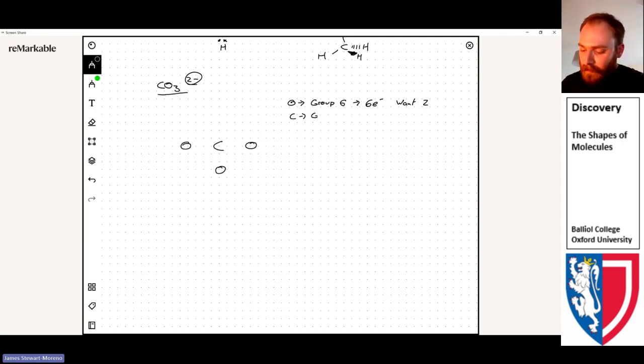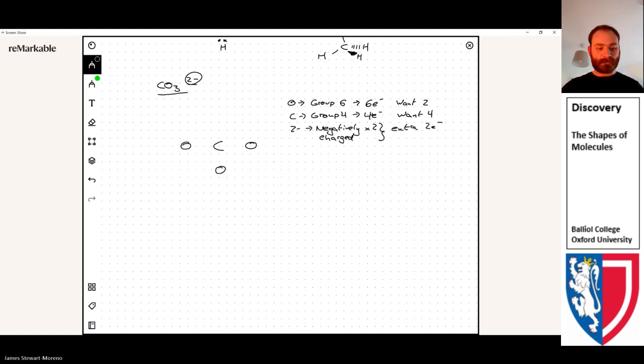So carbon is group 4, has 4 electrons, and it wants 4 electrons. The 2- means that it is negatively charged, twice, in fact, negatively charged times by 2. What this actually means is we have an extra 2 electrons present.